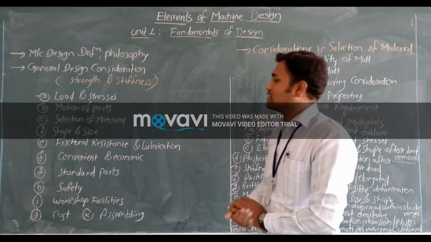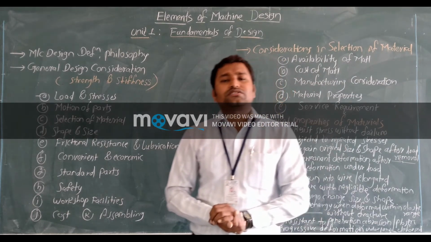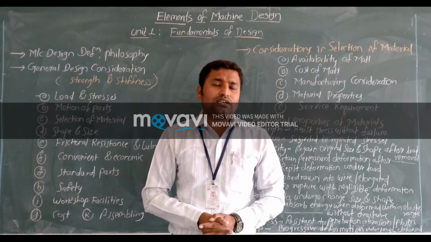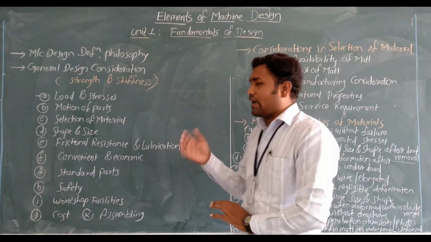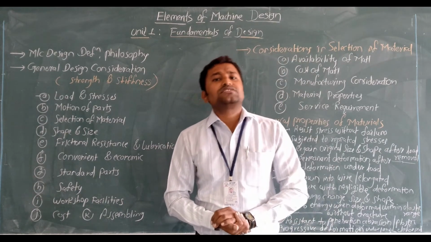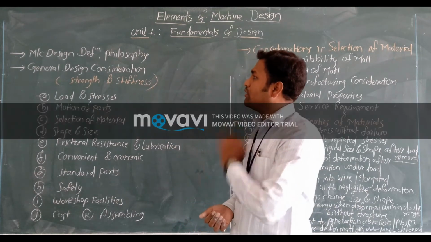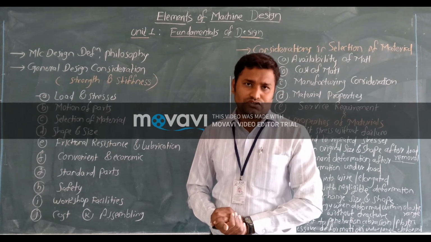The next point is the standard parts. In this factor, universally accepted standard parts are easily required. Okay. Then next, according to the BIS, that is, the Bureau of Indian Standards, accepted parts should be accepted in these considerations.